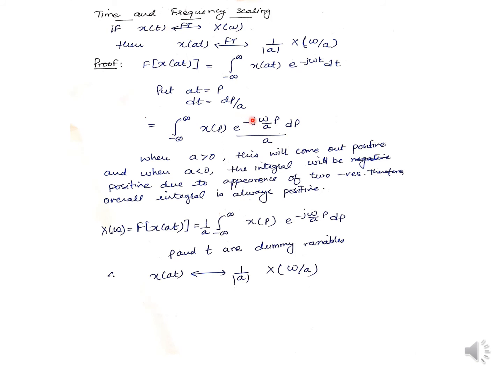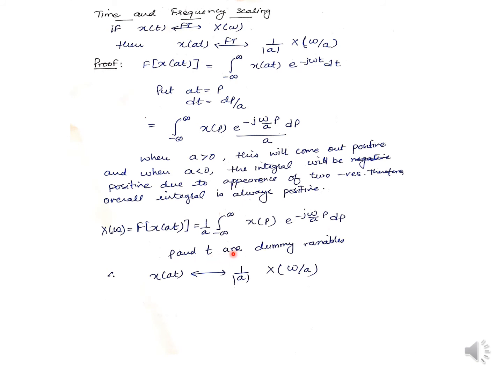Because when you integrate it, there will be a sign which will come out. So due to the appearance of two negatives, the overall integration is always positive. So we can say that the Fourier transform of x(at) is 1 upon a, the integral from minus infinity to infinity of x(p) e raised to the power minus j omega by a p dp.